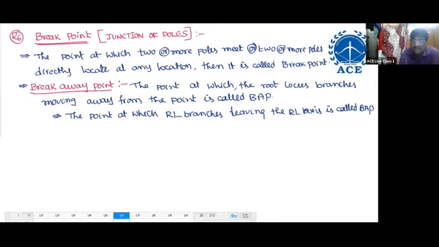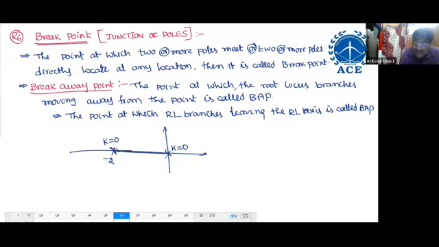Why? Listen, all of you. First, I'll write the definition: the point at which root locus branches move away from the point. For example, I'll take two poles, one pole at the origin and one pole at -2, or some point, whatever it is. Here root locus branch does not exist on one side, and exists between them.